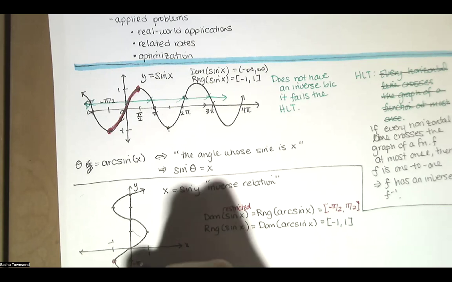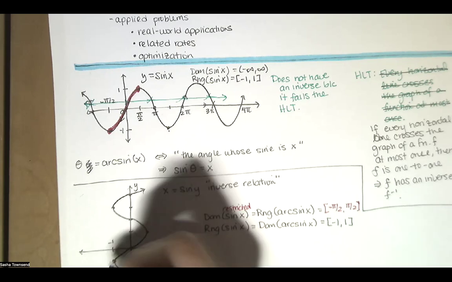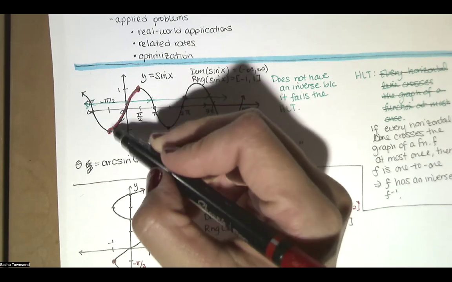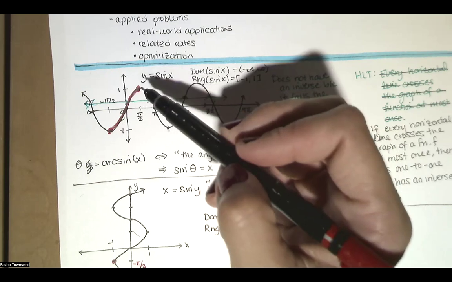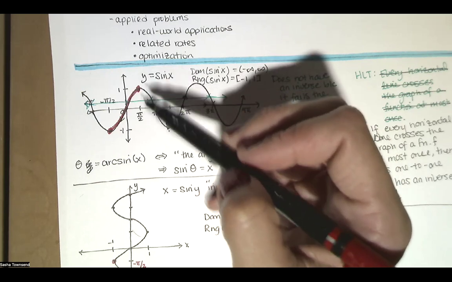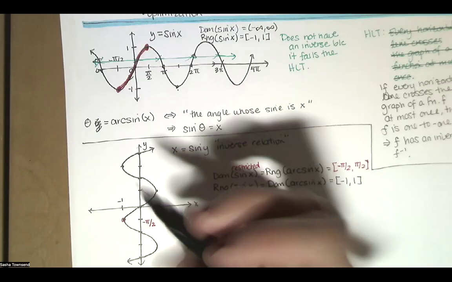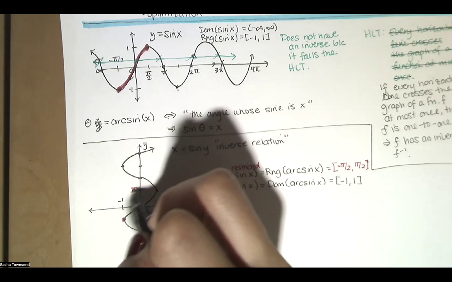When x equals -1, y equals negative pi over 2, because negative pi over 2, -1 is on this graph. And on the original graph of sine of x, when x equals pi over 2, y equals 1. Now on the graph of arc sine of x, when x equals 1, y equals pi over 2.